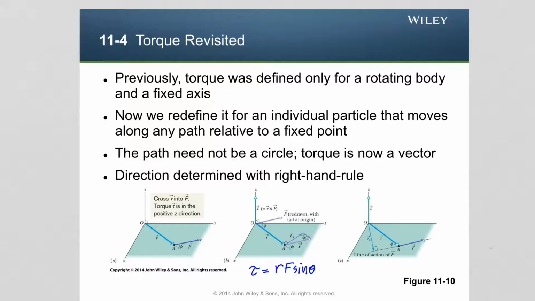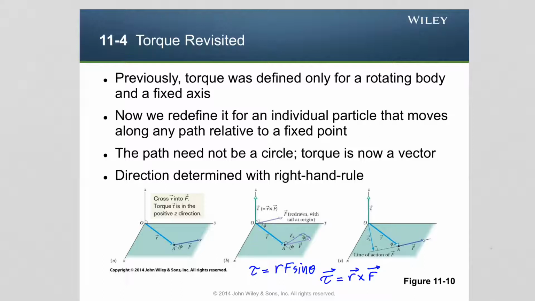So I can rewrite the expression as: the torque, a vector, is equal to the cross product of the position vector and the force vector. The first expression defines the magnitude of the torque vector; the second defines the torque vector as, in general, a three-dimensional vector in space.